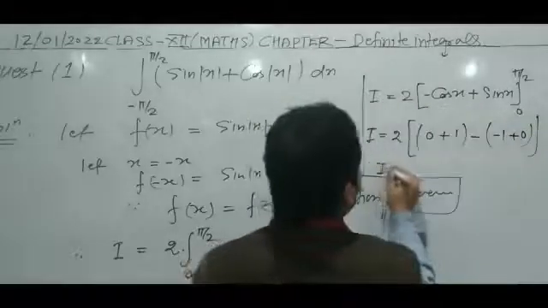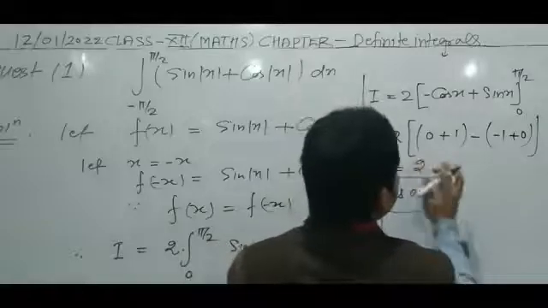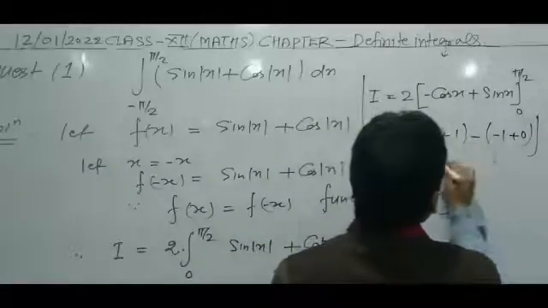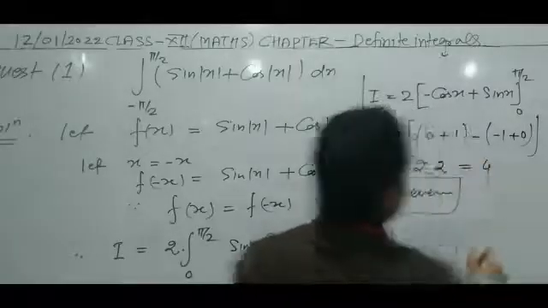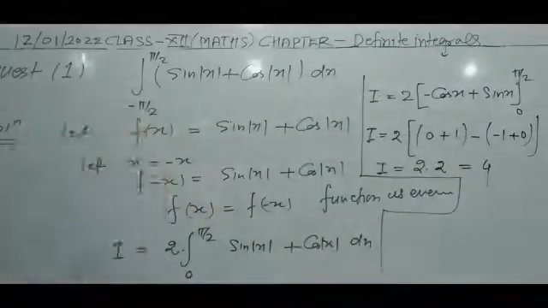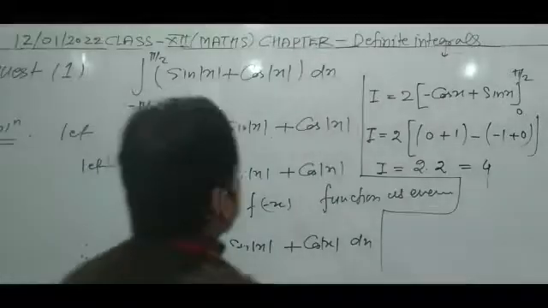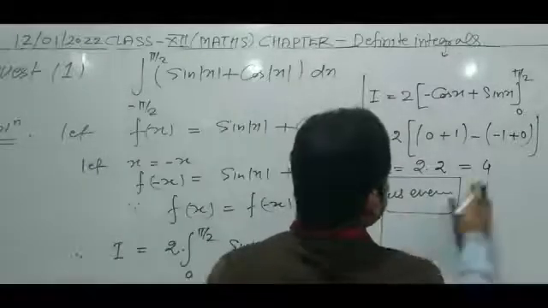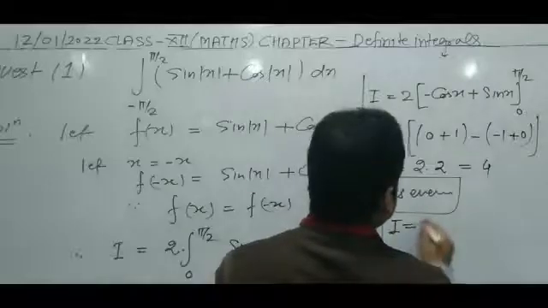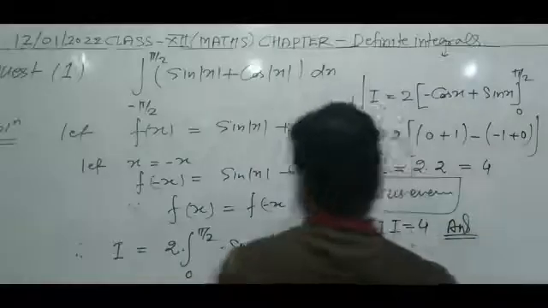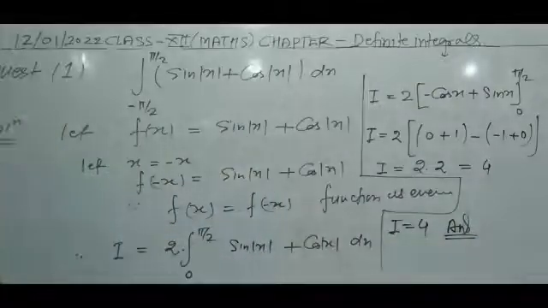Now we can write 2 times, this is 1 and this is plus 1 also, so 1 plus 1 is 2, and the result you get is 4. So the answer is I is equal to 4. This is the answer. Now this question is completed.